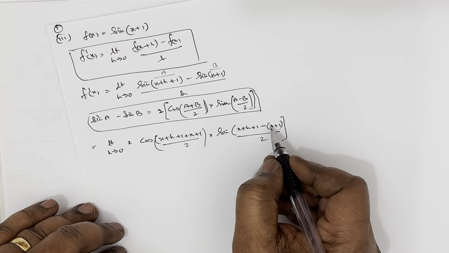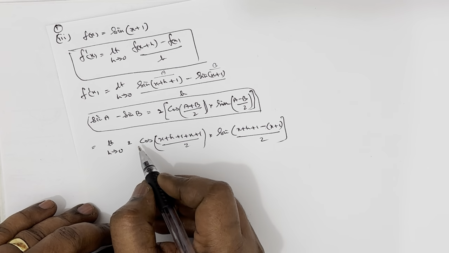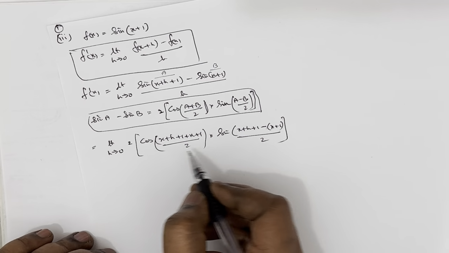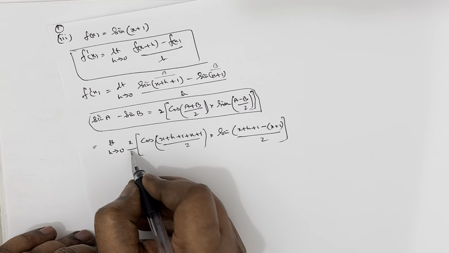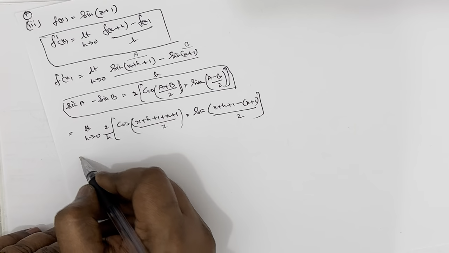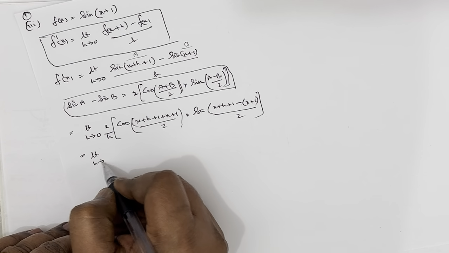Okay, let this be in brackets because we have negative here. So upon h, let that h be here. Let's bring it out, 2 upon h. Okay, so limit h tends to 0.